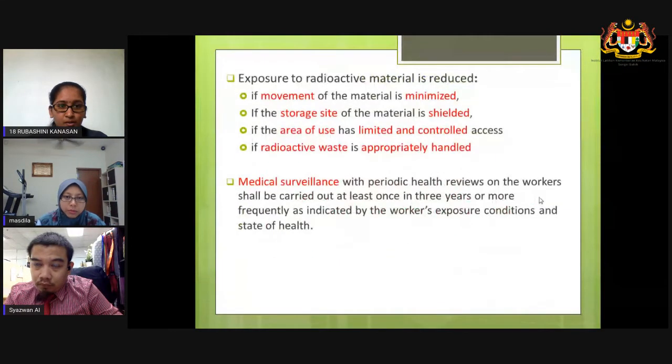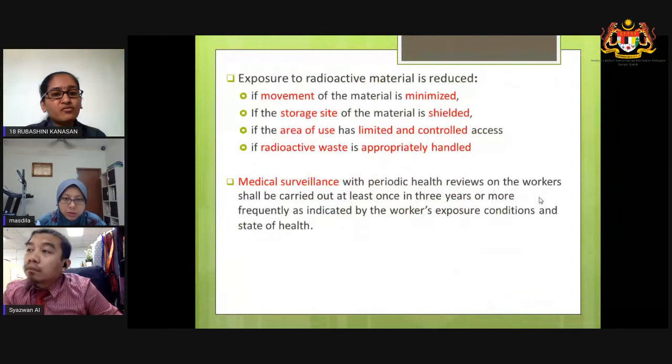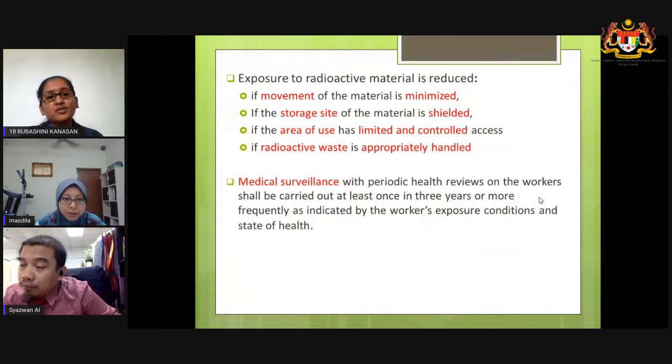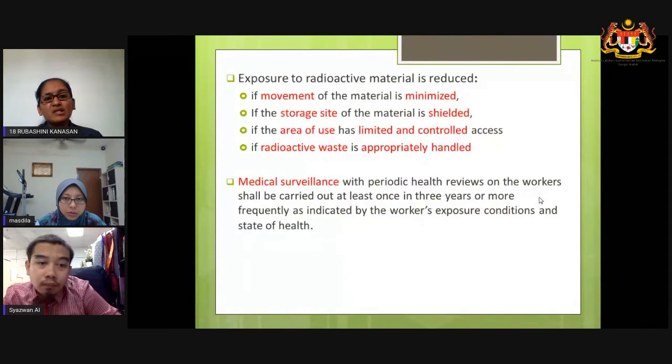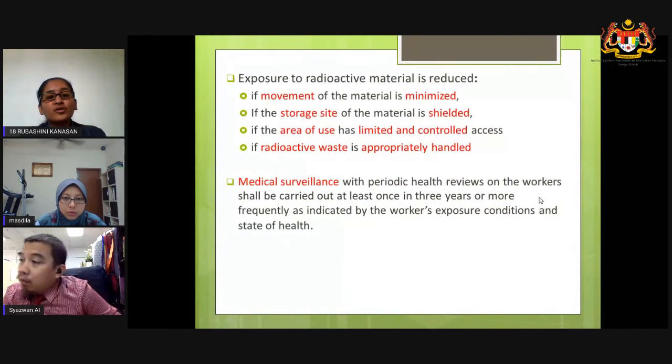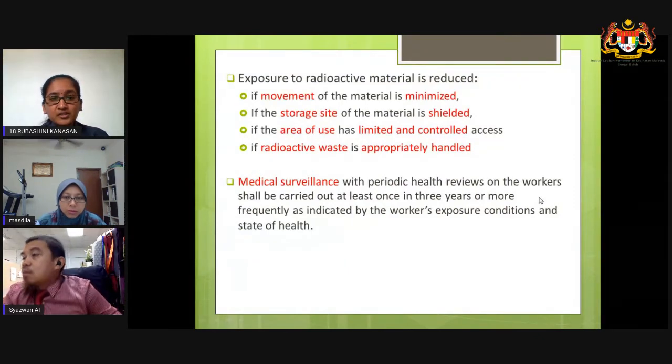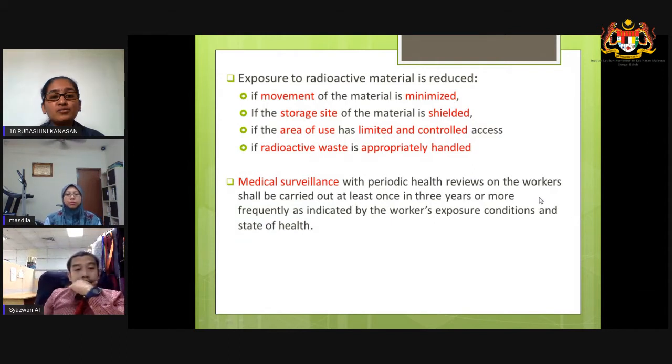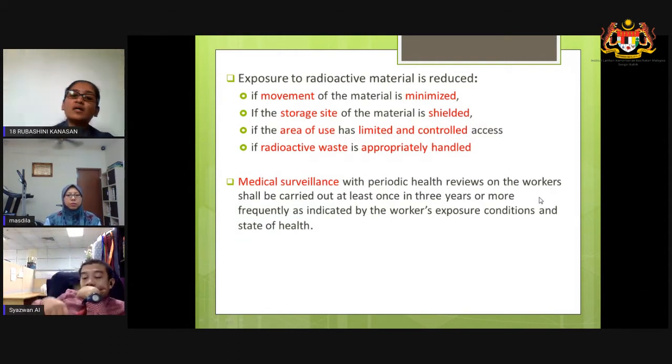Okay, so exposure to radioactive materials is reduced if movement of the material is minimized, if the storage site of the material is shielded, if the area of use has limited and controlled access, and lastly if radioactive waste is appropriately handled.